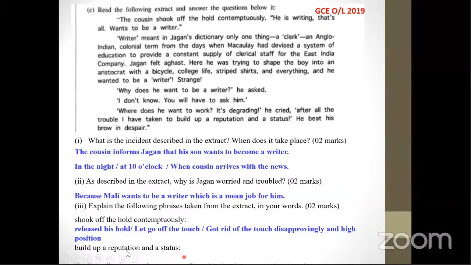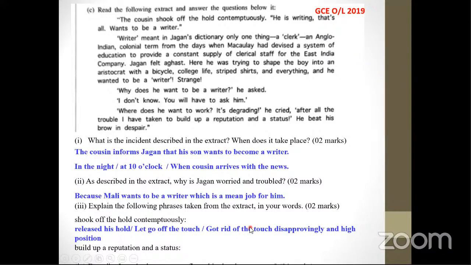Then, build up a reputation and status. It comes towards the end of the extract: after all the trouble I have taken to build up a reputation and status. From the beginning, we know how troubled he was, educating Mali as a father.